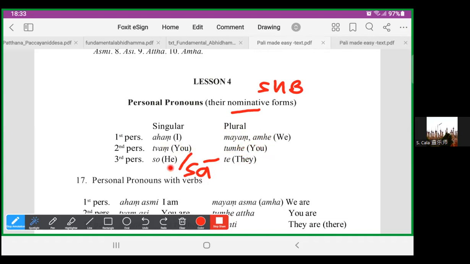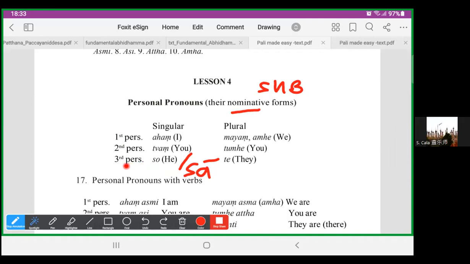Okay, one student, whoever wants to recite. Jenny, you call the name. Since you're class monitor, you can call anybody you want. All right, Joyce, please recite. Aham, mayam, amhe, tuam, tumhe, so, te.